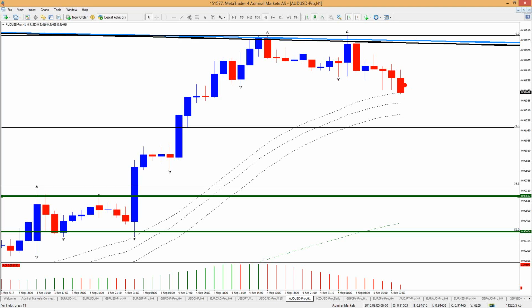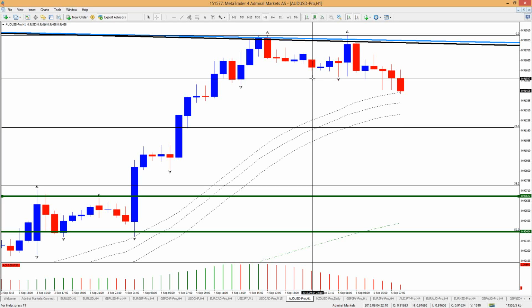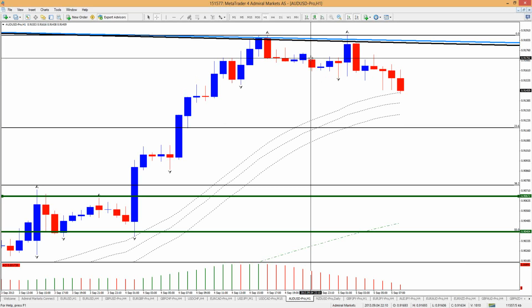To get a bit better entry, let's see, this candle is 91.62. The low is 91.44. Halfway mark is then 91.52. Okay? Something like that. Ow, I hit my knee there.